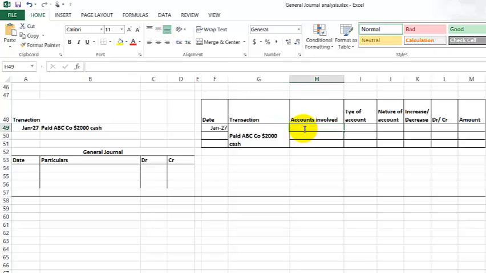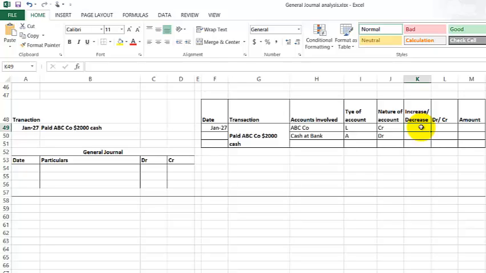So the two accounts here are ABC Co, and we're paying with cash, so it's cash at bank. All right, ABC Co, as you worked out before, was a liability. Asset for cash at bank, we'll know that by now. Okay, let's see what happened.